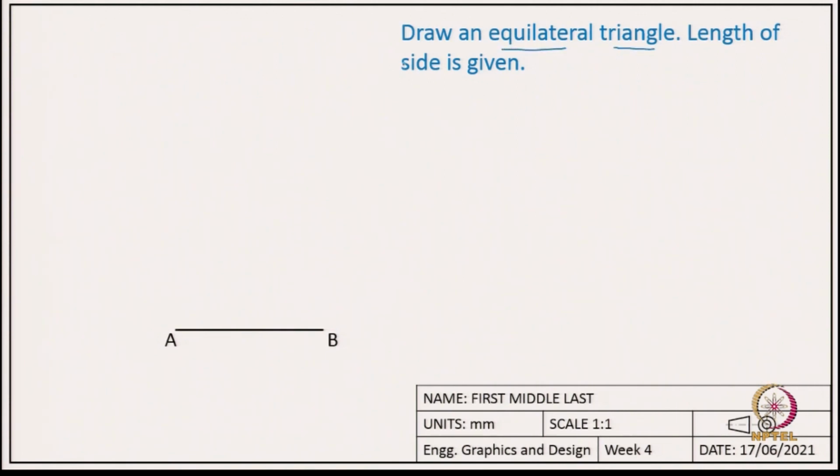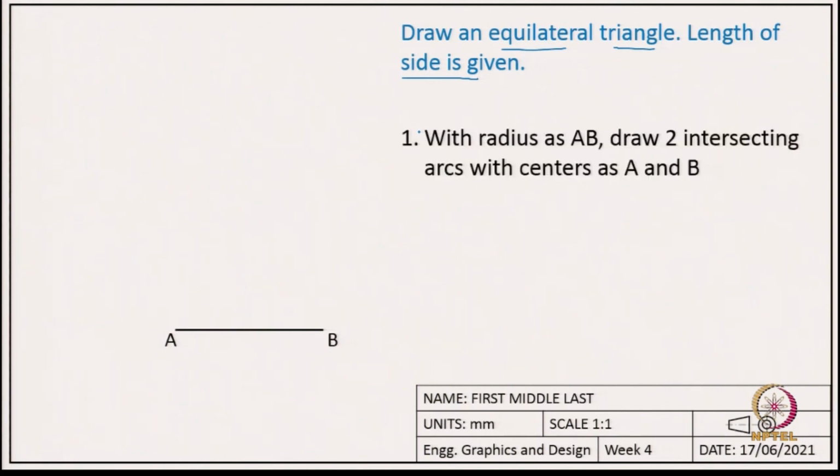Here we are saying that we already know the length of this side. So, we start with side AB. With radius AB, we draw 2 intersecting arcs. So, I use a compass, measure the length AB, and then with center at A, I draw an arc.